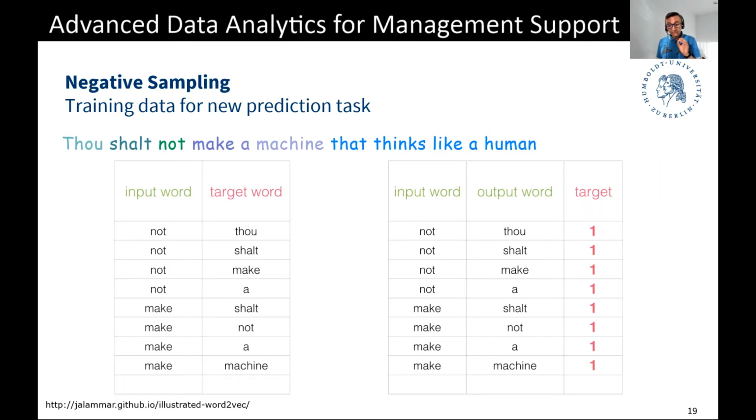If we start with the word not and take that as our central target word in a skipgram setting, I'm focusing on the skipgram setting, and for the word not, we have context words thou and shalt and make. And for another central target word, say make, again we obtain a bunch of other words.